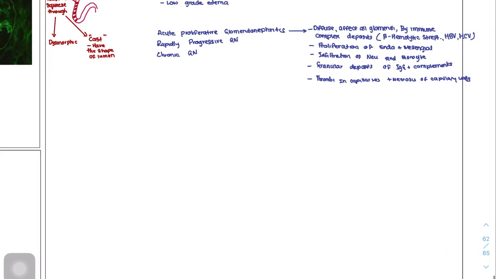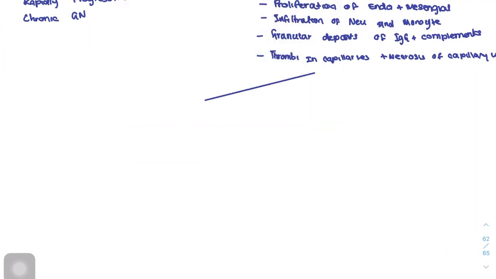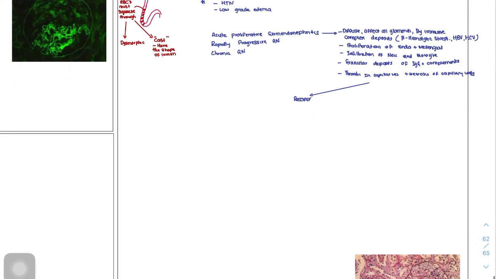We'll talk about the prognosis of this. These patients can either recover fully, or they can go on to become the next stage, that is rapidly progressive glomerulonephritis, or chronic glomerulonephritis.